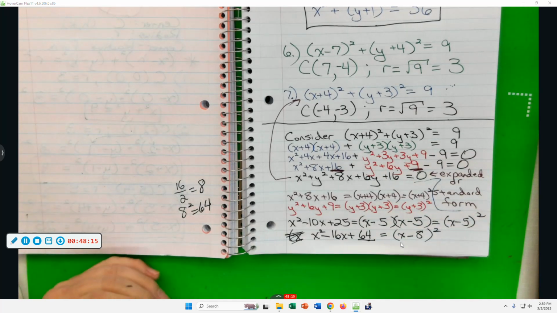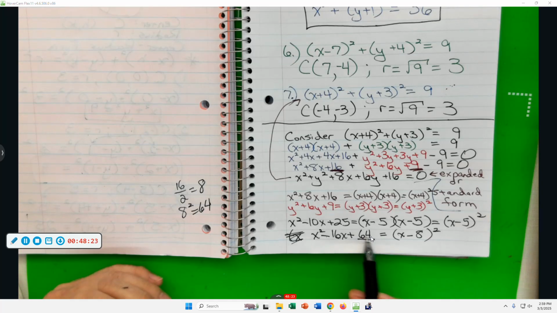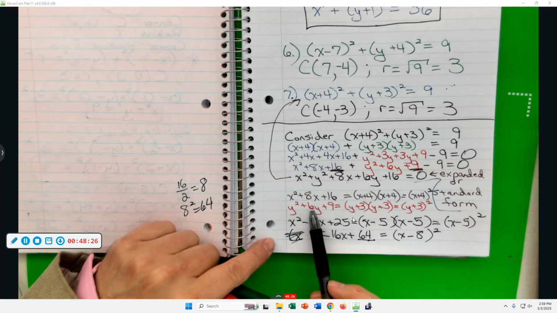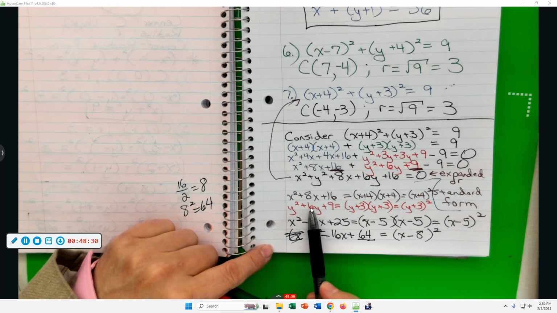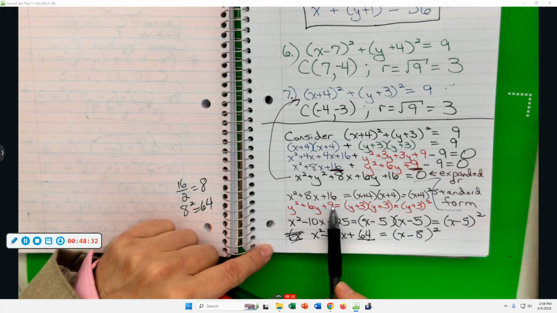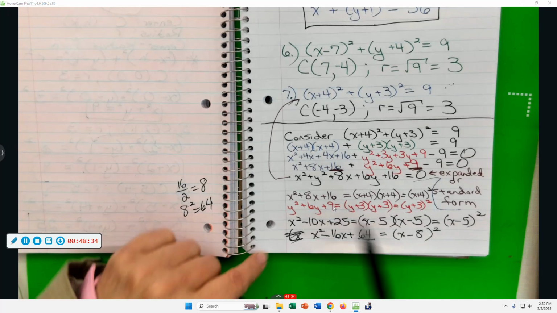If you FOIL out x minus 8 times x minus 8, you're going to get back x squared minus 16x plus 64. Notice this one here. Looking at the 6, half of 6 is 3. 3 squared is 9. That's where that 9 came from.